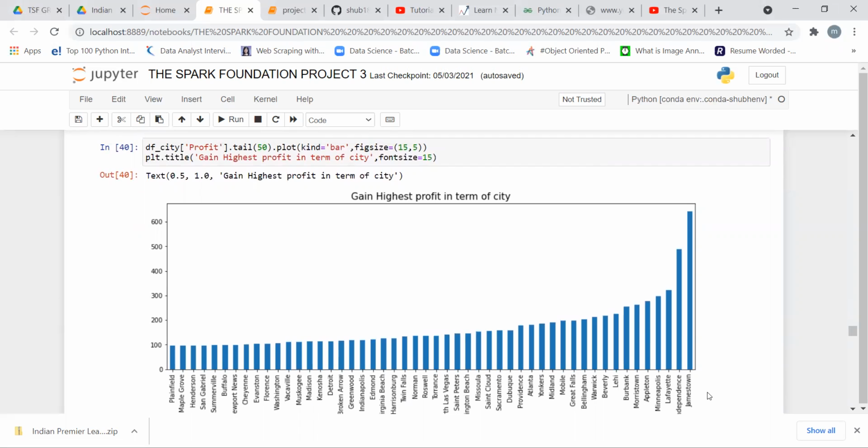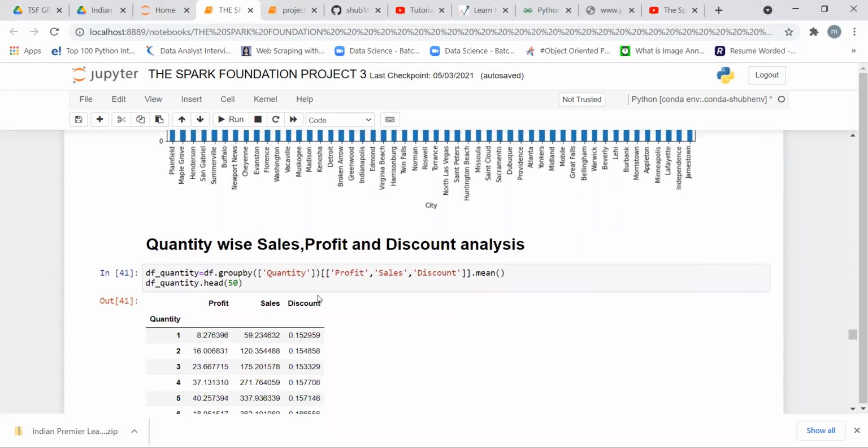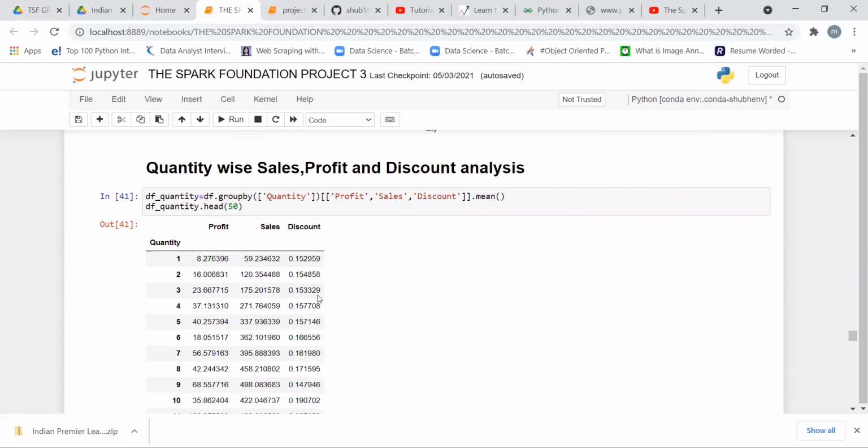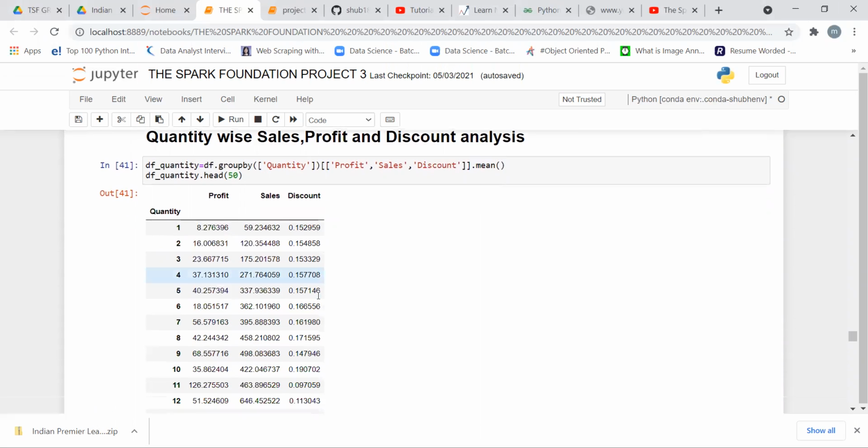So if we do a quantity-wise analysis of sales, profit, and discount, we use quantity and analyze sales, profit, and discount.